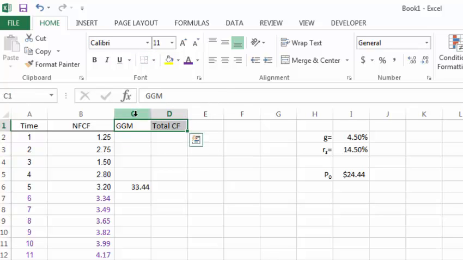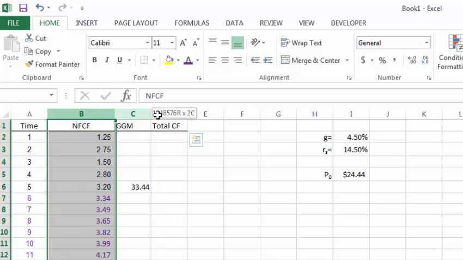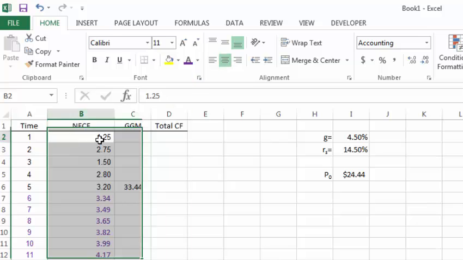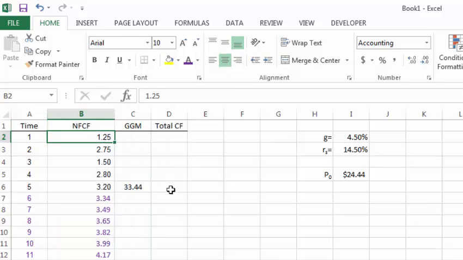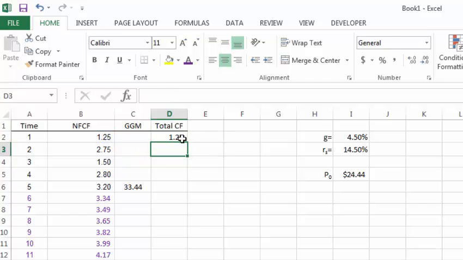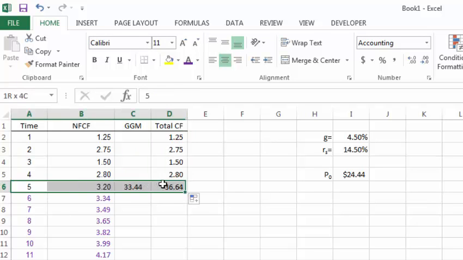Let me also center those. Okay, never mind. So on this one I'm going to be looking at equals this one plus that one. The only time I do a Gordon growth model is right at the end of the stuff that I'm doing. I'm just doing these 5. I'm seeing if I can get the same number by just going through these 5.